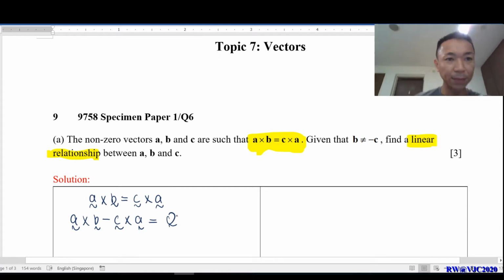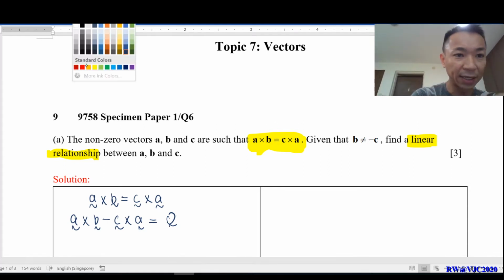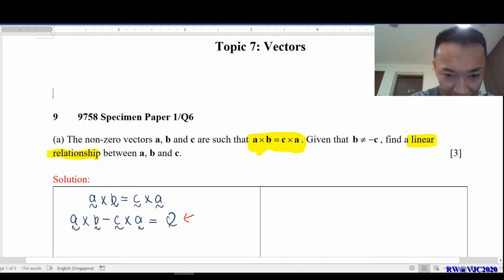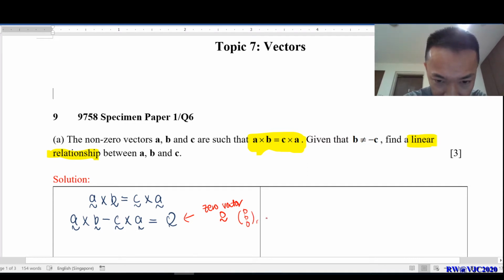Now I want to stress that this is a zero vector, not zero. Why? Because A cross B is a vector, not a scalar. C cross A is a vector. You minus the two, you get the zero vector. A zero vector is like that, with x, y, z components 0.